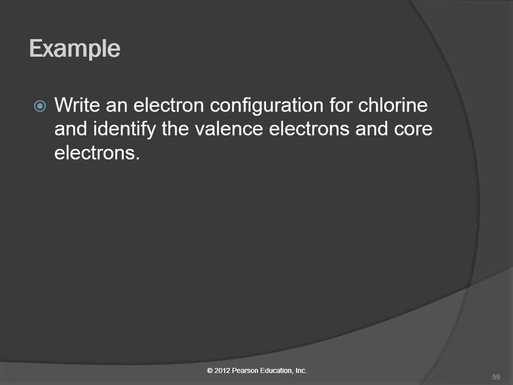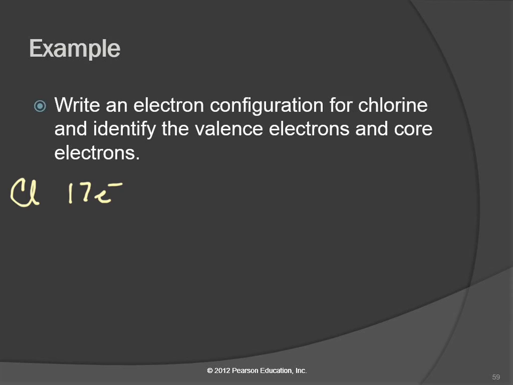Okay, so let's write an electron configuration for chlorine and identify the core and the valence electrons. Well, how many electrons does chlorine have? 17.